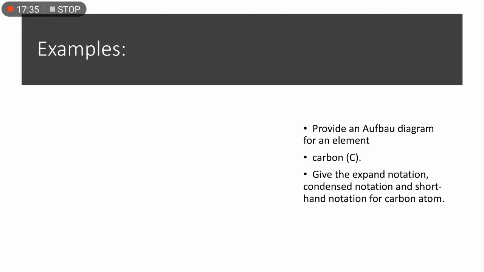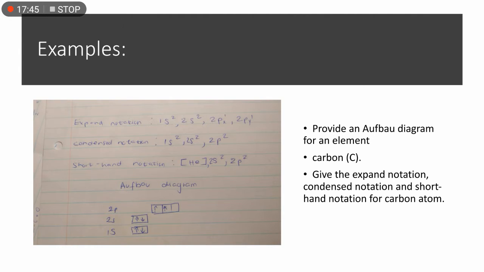Okay, I hope you guys are done with the example that I provided you. Okay, here we provide the answers. First of all, we have to ask ourselves how many protons or electrons carbon has.